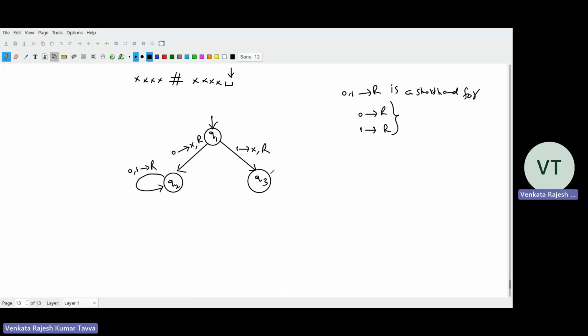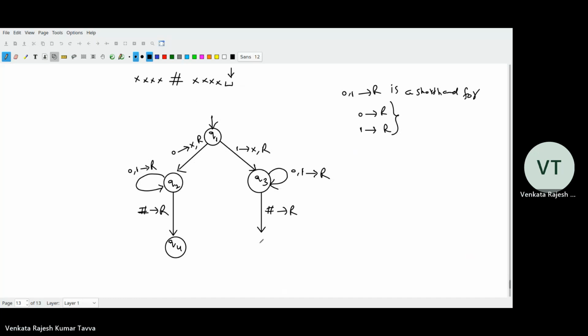Similarly, if I am in this branch, I will keep skipping zeros and ones and keep going right until I see a hash. So when I see a hash, now I am in the second half. Similarly here also, when I see a hash, I am in the second half.